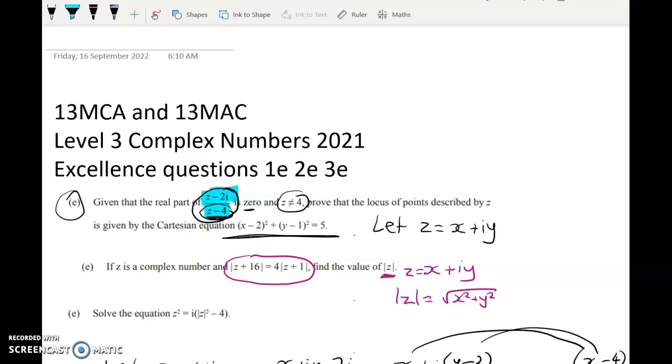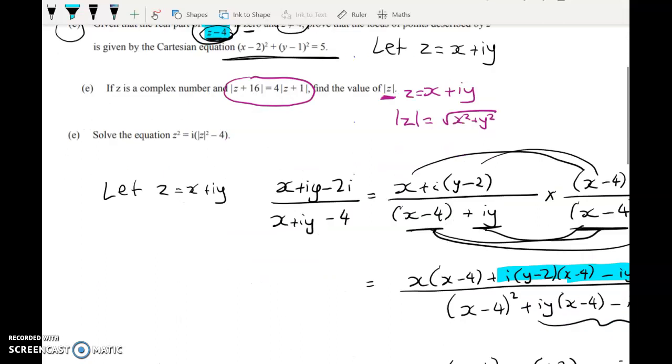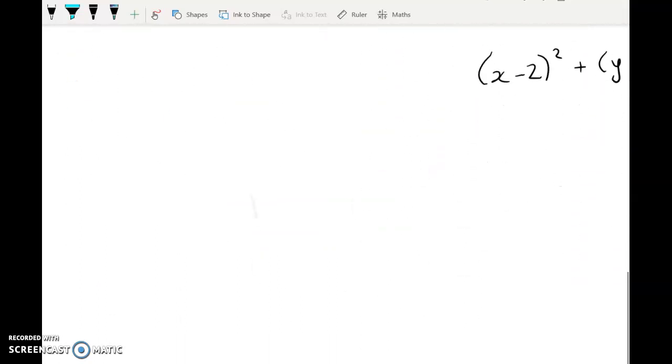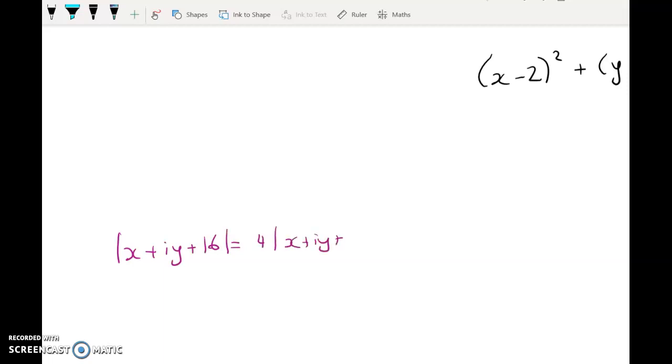I'm going to start off again by substituting in z equals x plus iy. Right, so x plus iy plus 16 is equal to 4 times (x plus iy plus 1), right? Because we started with this condition.